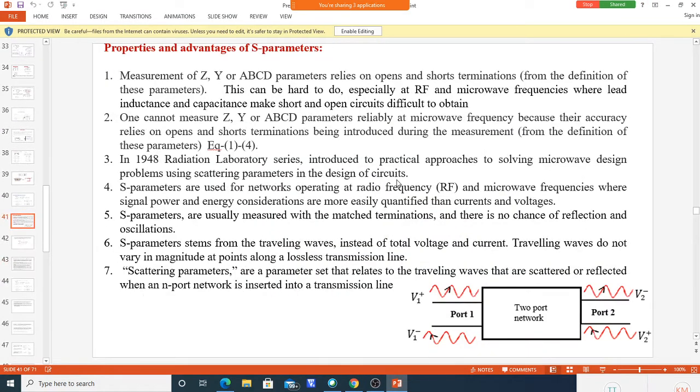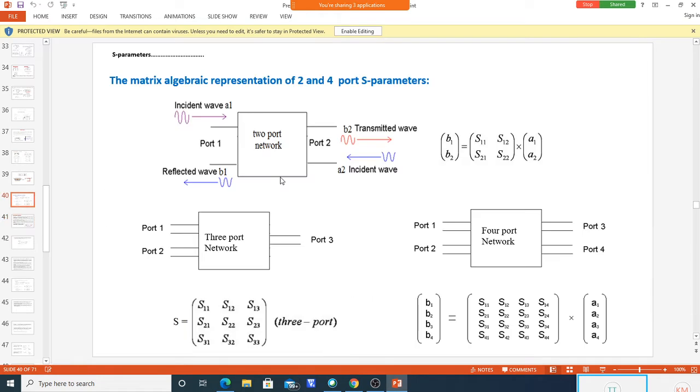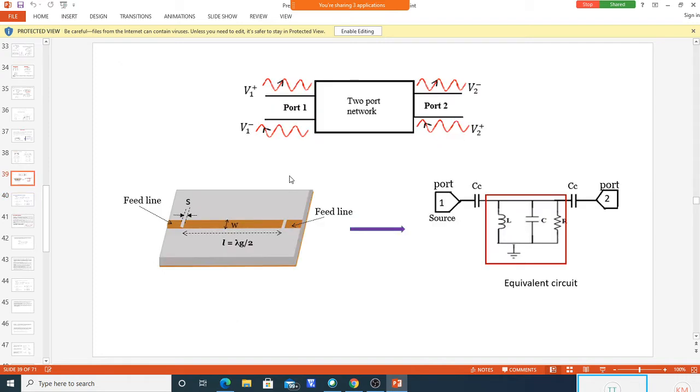So in the previous class, I was telling about S parameters, scattering parameters. Scattering parameters are used at RF and microwave frequencies to analyze networks. A network may be a two-port network, or it may have any number of ports.